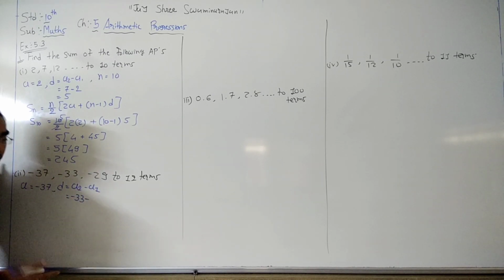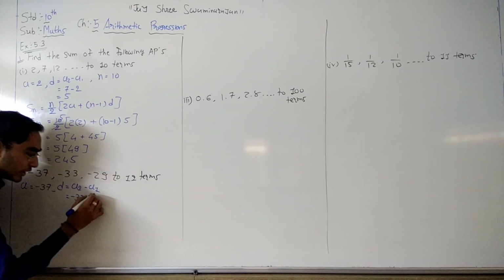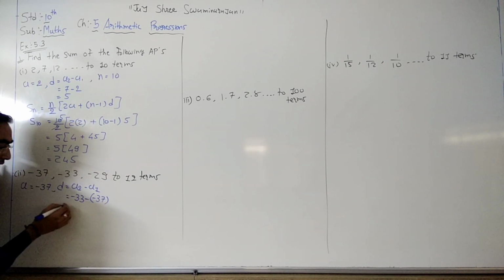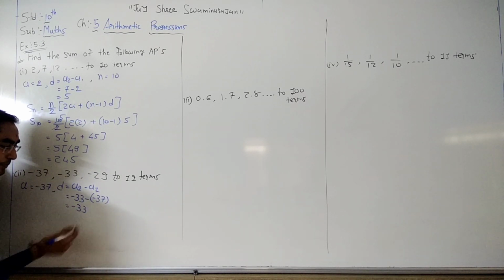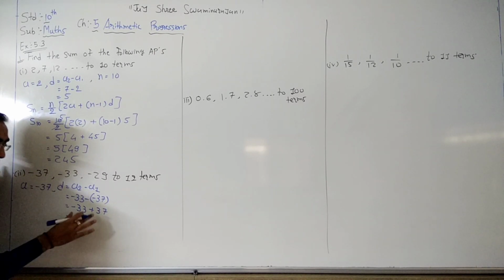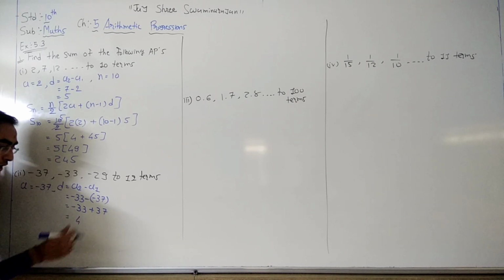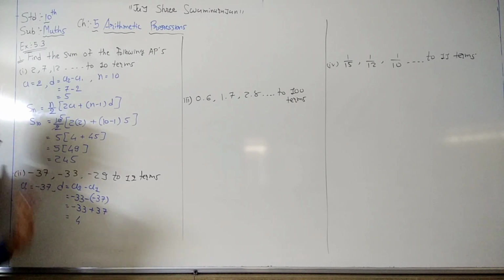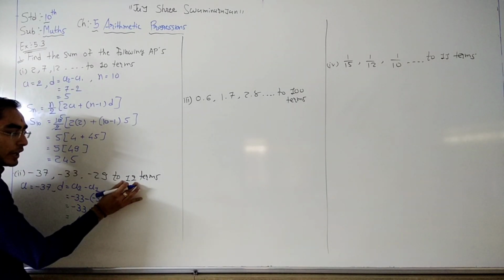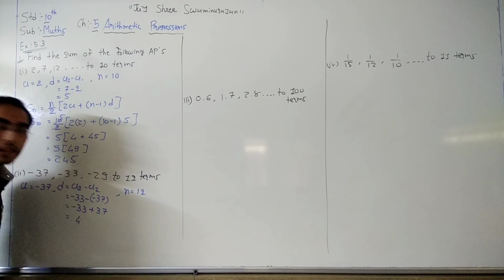This minus sign is as per the formula, and our first term itself has the negative sign, so we need to write it in brackets. Minus 33, minus minus 37 becomes plus 37, so minus 33 plus 37 is 4. The bigger number 37 has a positive sign, so d is positive 4. We need to find the addition up to 12 terms, so n is equal to 12.